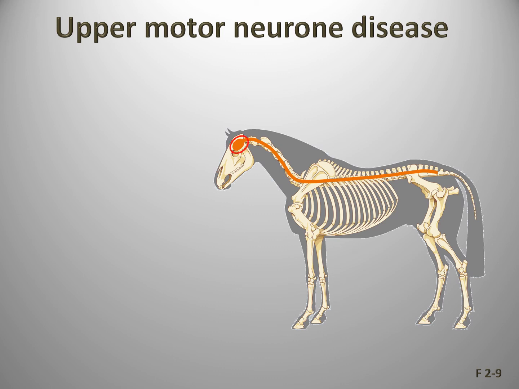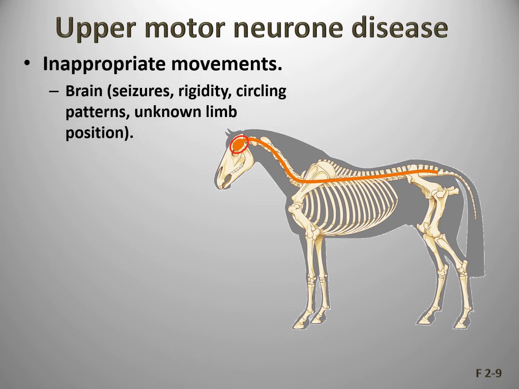So if damage occurs to the brain, for example, the animal will manifest very inappropriate movements. They will translate into some type of seizure. The animal may perform circling patterns. They will not know how to place the limbs, or they simply can show some rigidity.